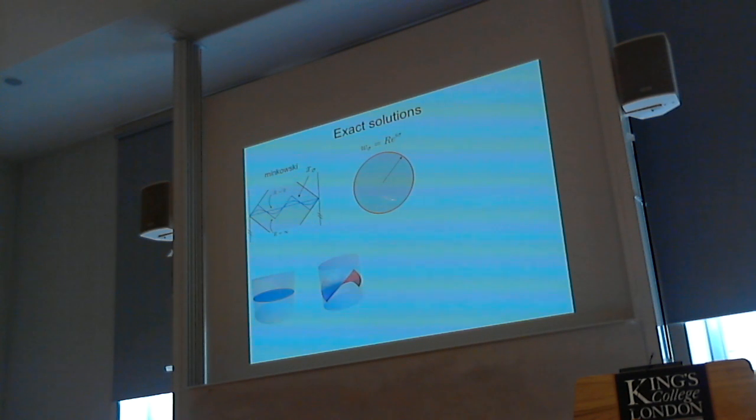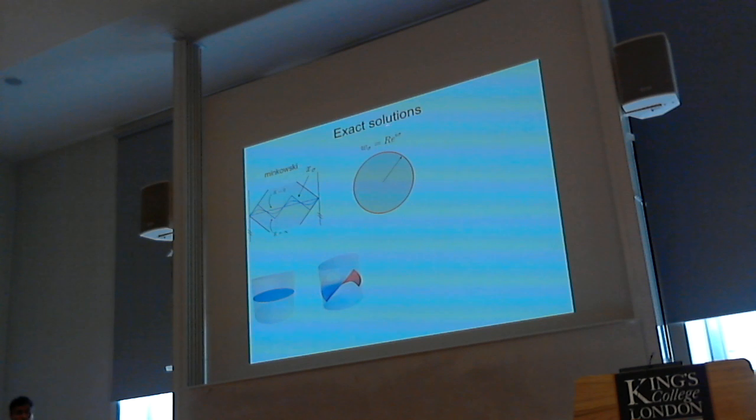Let me explain what the physical solution looks like in the Minkowskian case. When this r goes to 0, so this circle squishes down to a point, the physical solution approaches that of the circle. In the Poincare patch, it's this straight line. In the cylinder, it approaches this surface.